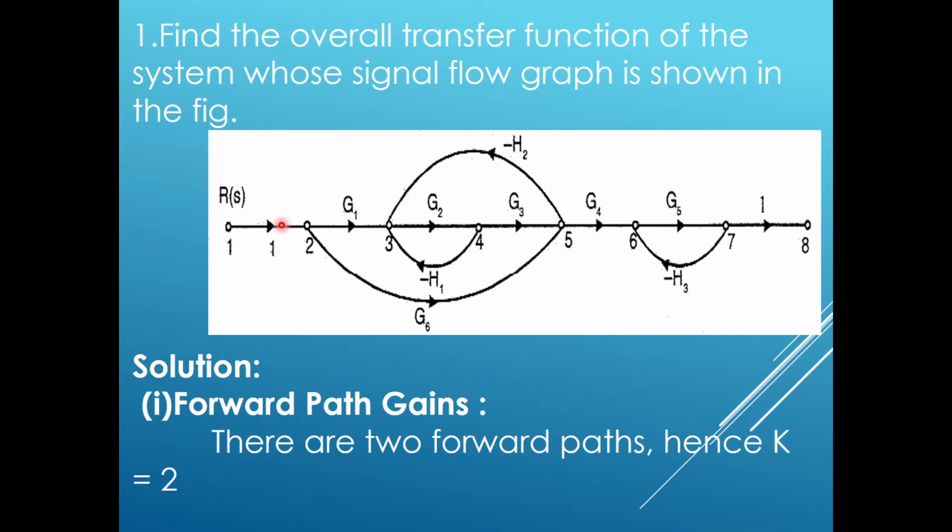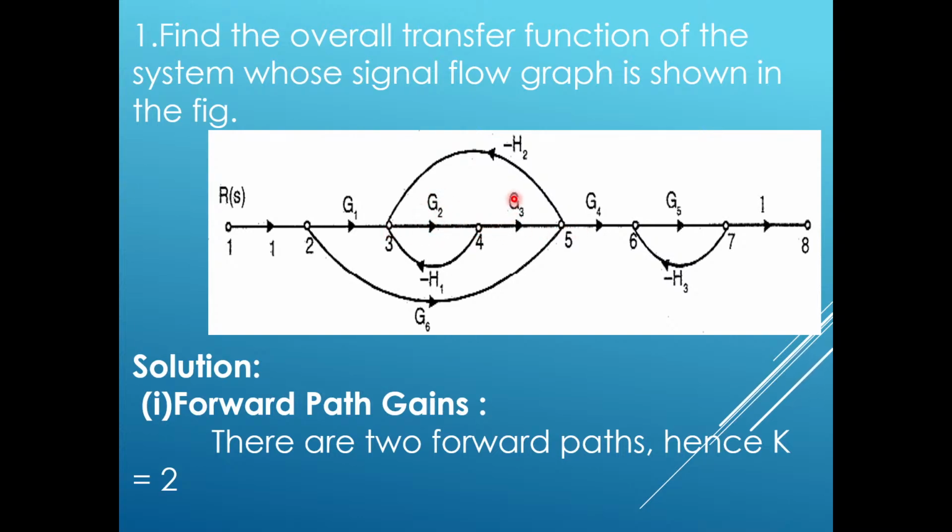The transmittance value, the gain acquired by the branch while traveling from node 1 to node 2 is 1. The gain from node 2 to node 3 is G1. The gain from node 3 to node 4 is G2, and so on.